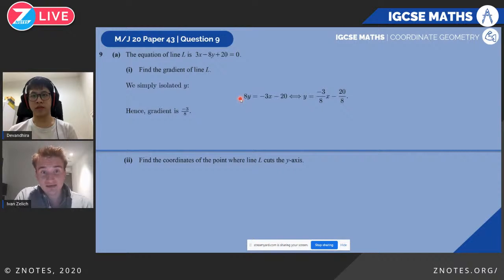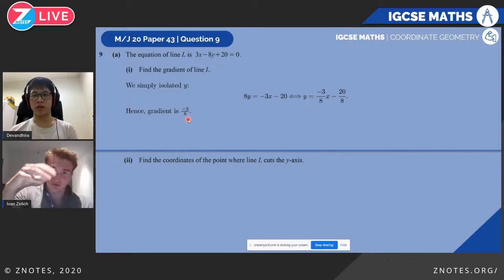We get negative 8y equals negative 3x minus 20. Or indeed, after taking out the negative and dividing by 8, it should be all positives here. So 3x plus 20 on 8. So no minuses there. The gradient here would be 3 on 8, not negative 3 on 8.